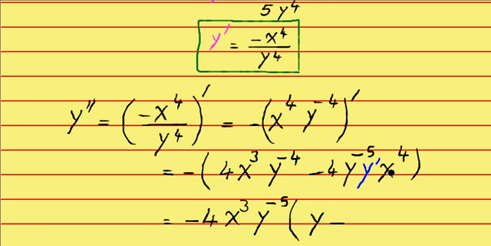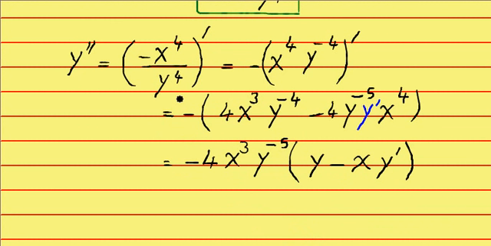And then from the second portion, I have taken y to the power of minus 5 out. From x to the power of 4 I have taken x cubed out. So I'm left with x and a y prime. Maybe you want to try this again with just the quotient rule, see if that is any easier to apply.